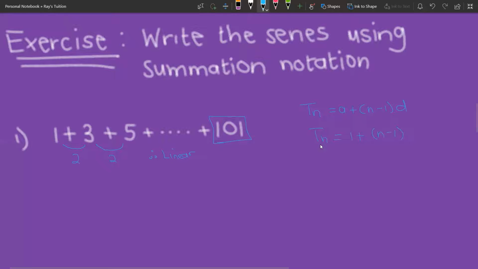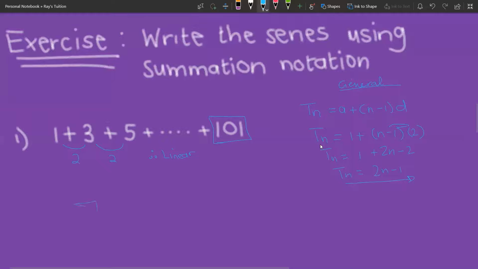We're finding the general formula over here, so we're not substituting our n's in. Then we put our common difference, which is 2. So what we get is Tn equals 1 plus 2n minus 2. So we get Tn is equal to 2n minus 1. So that's the general formula.